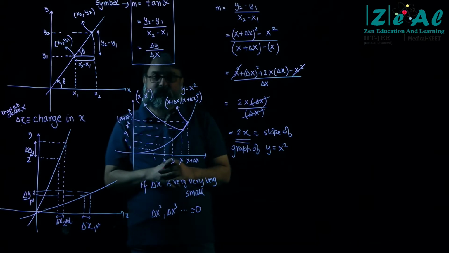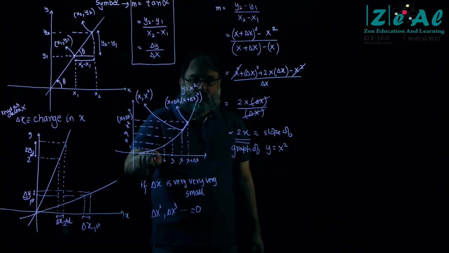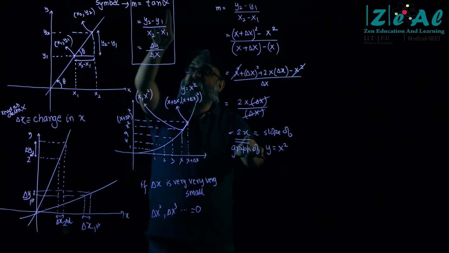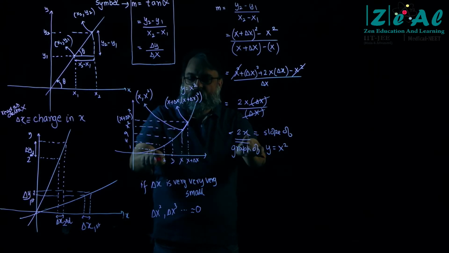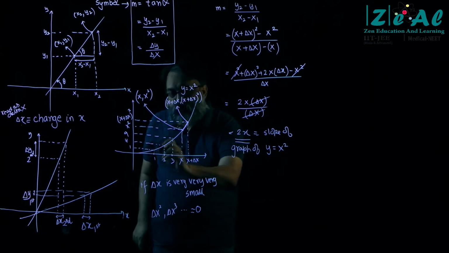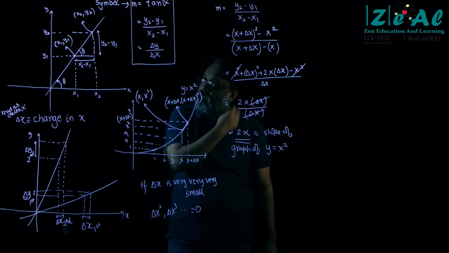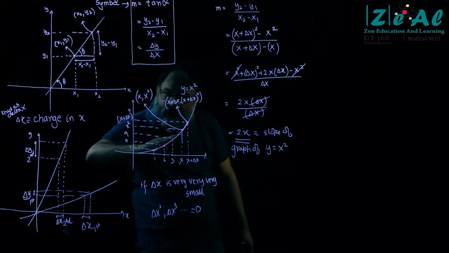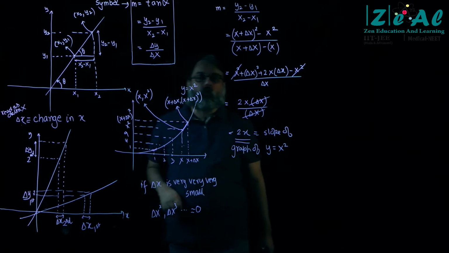This means that when you are here, the slope of the graph will be such that tan theta is equal to 2. If we put the value of x as 1, then the straight line here, which is part of the curve, will have a slope or will be at an angle such that tan of that angle is equal to 2, right?